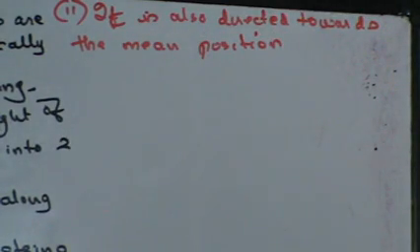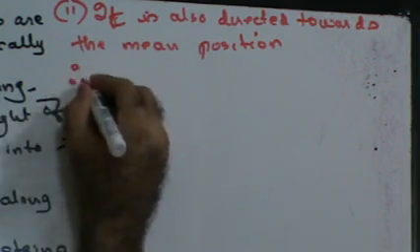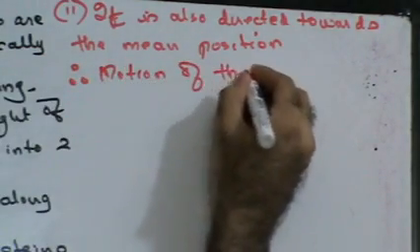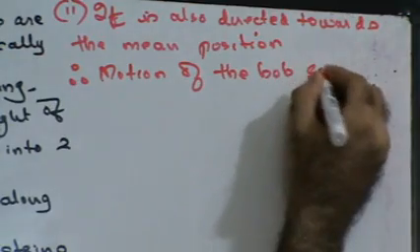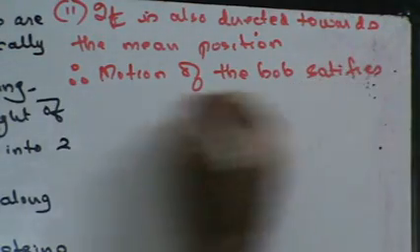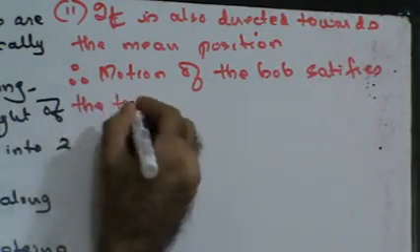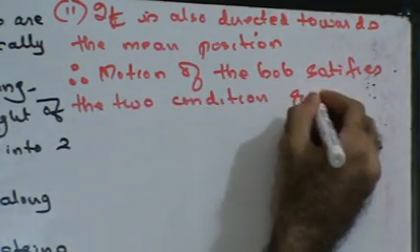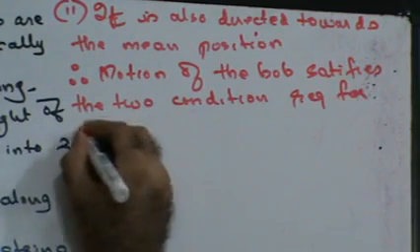Hence, I can say that the motion of the bob is a linear SHM, because these are the two conditions that you require for linear SHM. Right? I can say therefore the motion of the bob satisfies the two conditions required for a linear SHM.